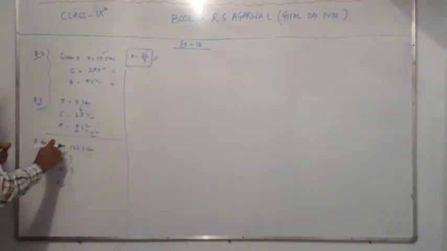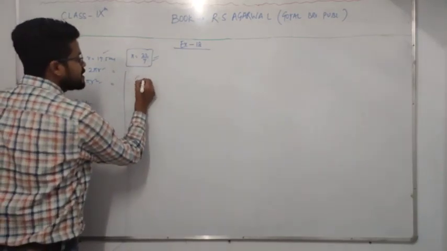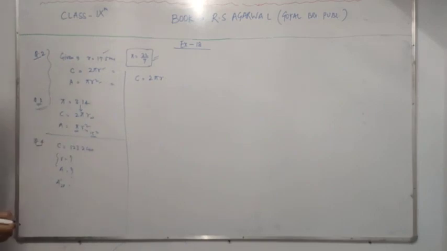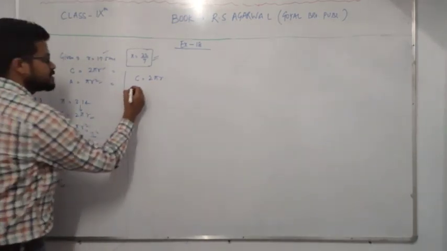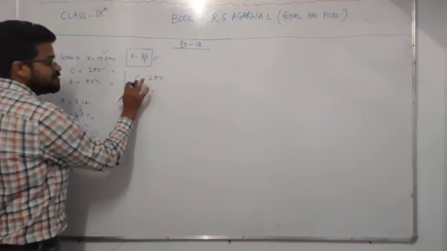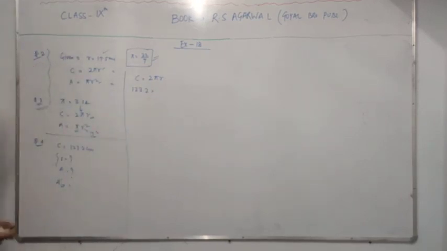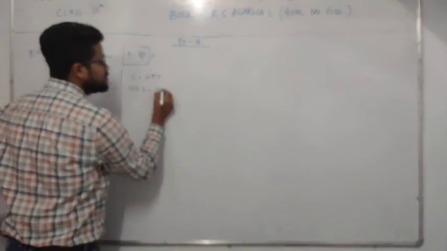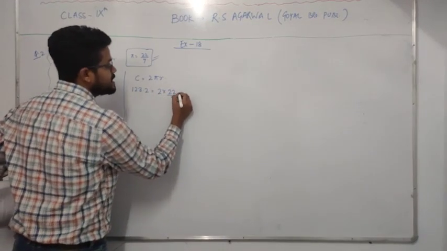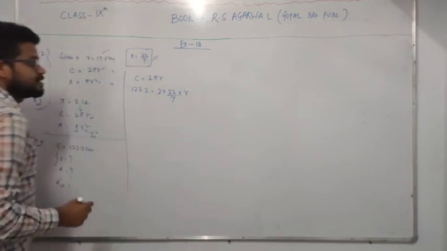Here the circumference is given and the formula of circumference is 2 pi r. The value of c is given, 123.2. The value of pi is not given, so we simply take 22 by 7 and this is r.